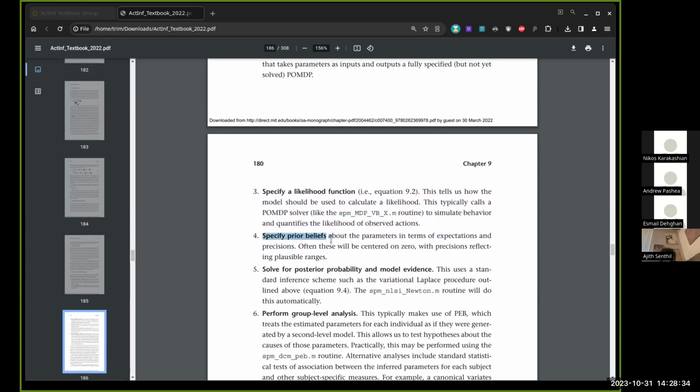Specify prior beliefs. These are the priors that are being proposed for that meta Bayesian setting. So there are some priors that are centered on 0, other times you have a prior distribution over a distribution, so it's bounded by 0 and 1, at which point you could use uniform or some other proper distribution.